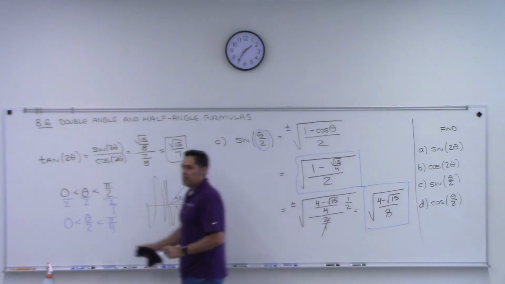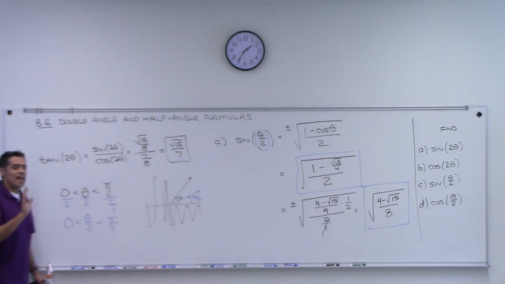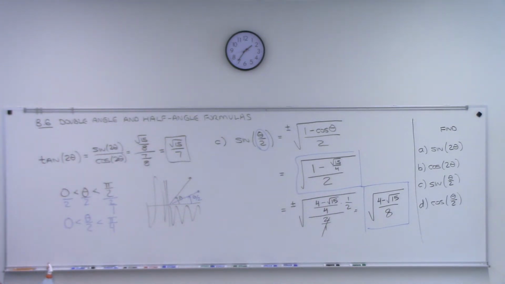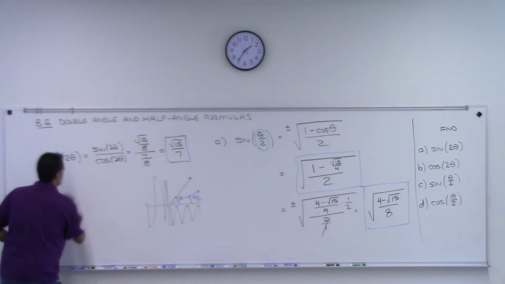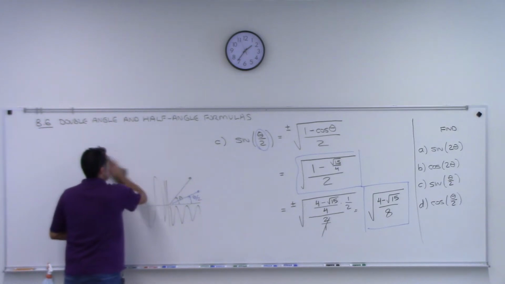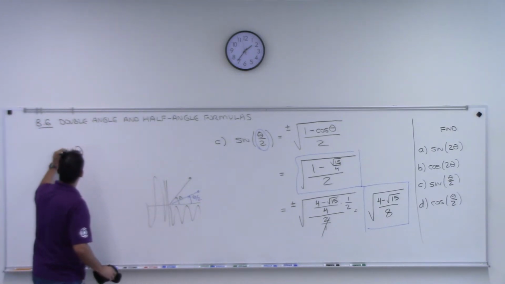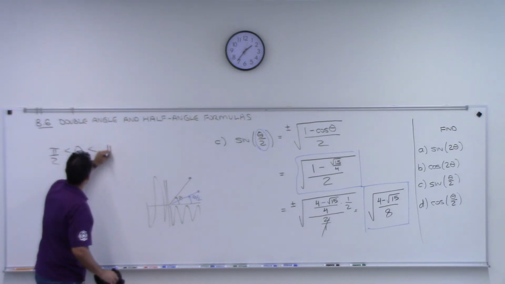Let me tell you, this is where this can be dangerous, okay? Let's say what if your original angle was in the second quadrant? What if I gave you a problem and told you that your angle theta was between pi over 2 and pi?